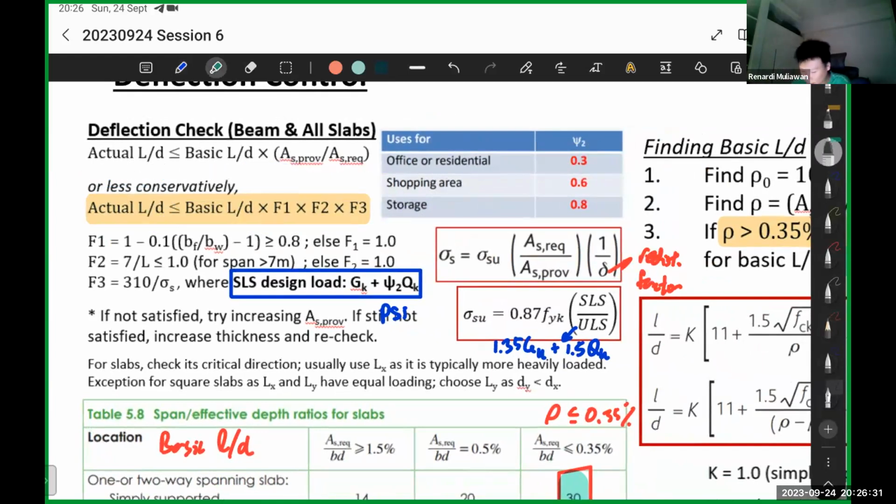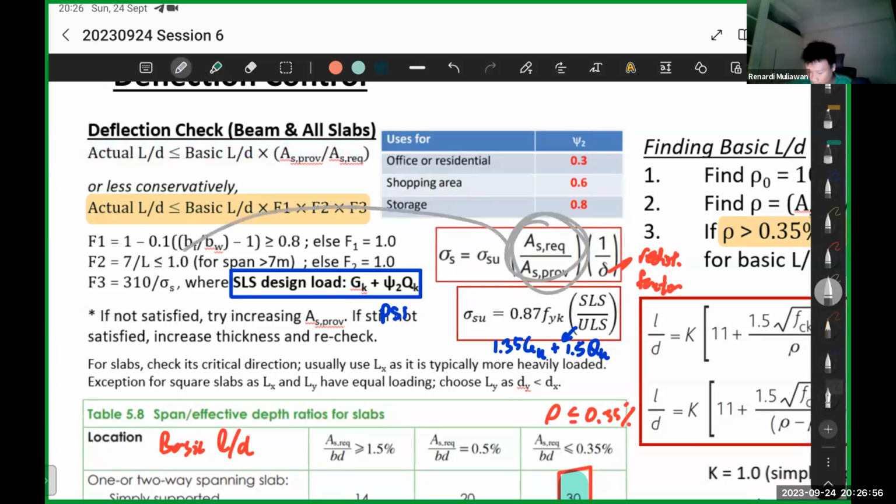But some professors like to simplify to this: actual L over D less than basic L over D times AS provided by AS required. This one is less accurate and more conservative. It's because if you see the formula for sigma s, there's AS required divided by AS provided.